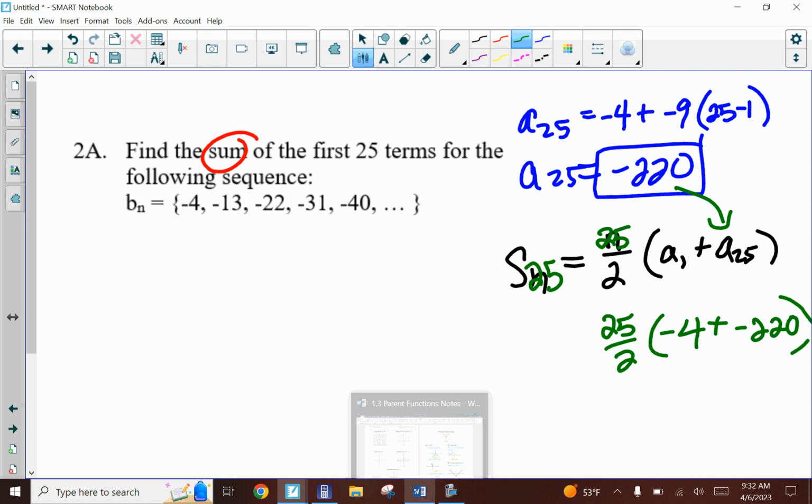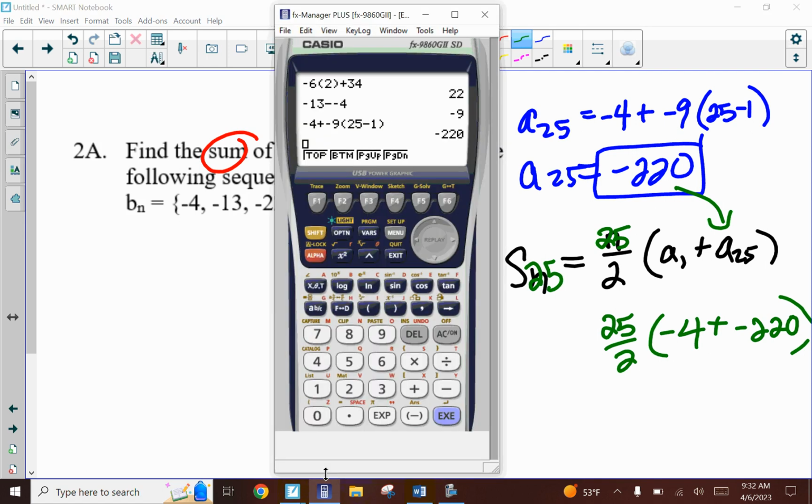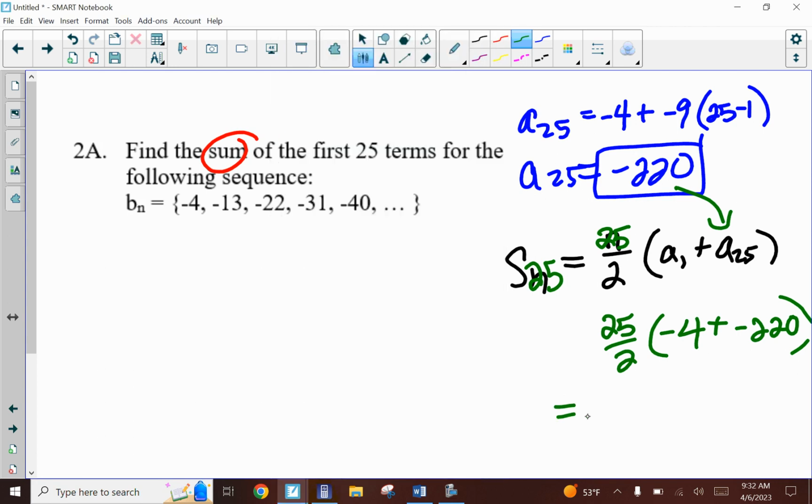And then we just go into the calculator and type that in. So we're going to have fraction 25 over 2, parentheses, -4 plus -220. Then we hit equals, and the answer is -2800.